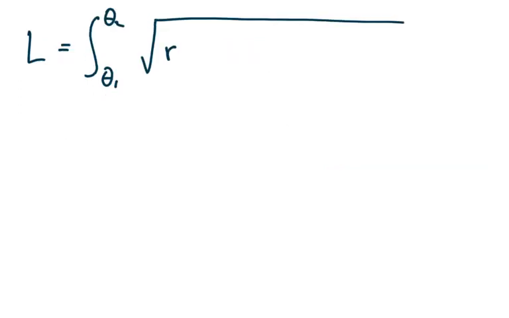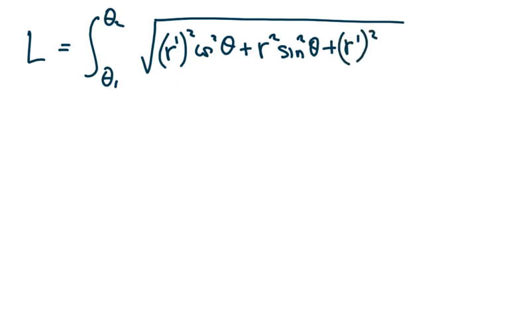So we have the square of the first term will be r prime squared cosine squared plus the square of the other one is going to be r squared sine squared plus r prime squared sine squared, and the last one is going to be r squared cosine squared.